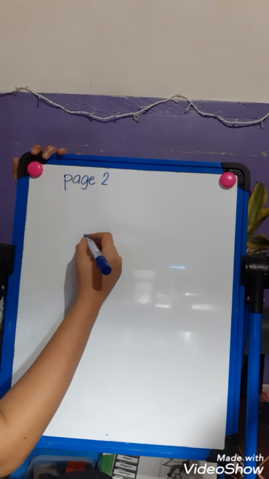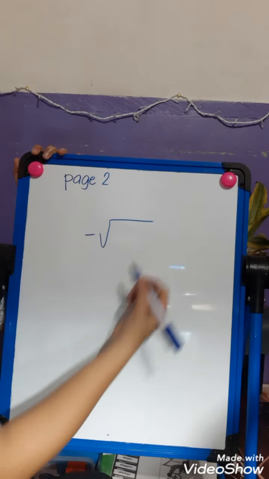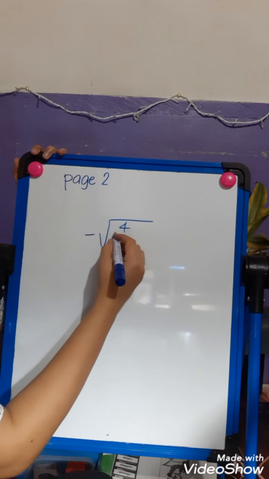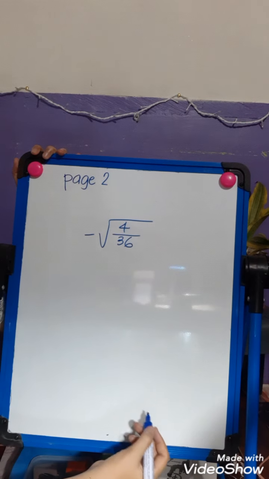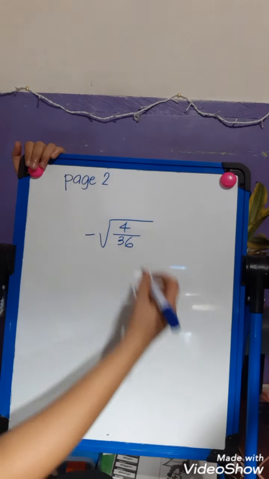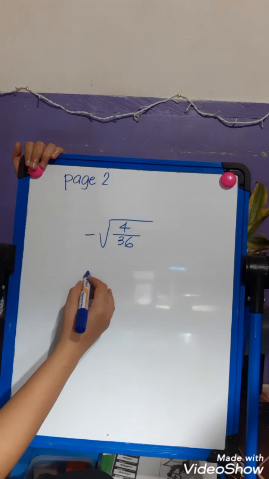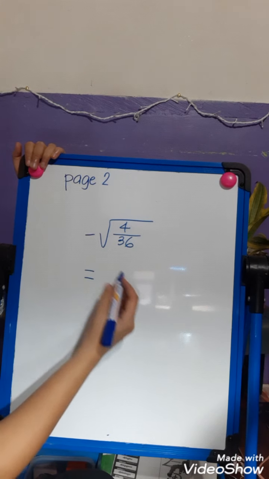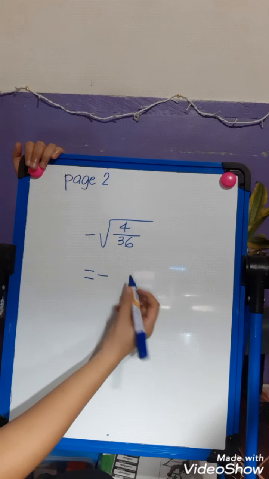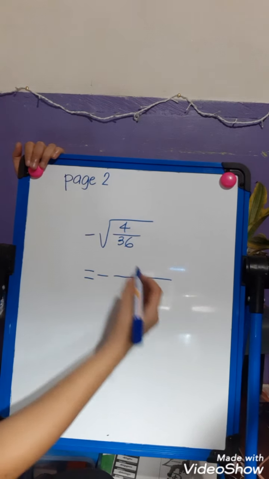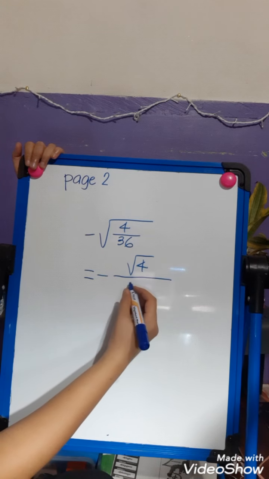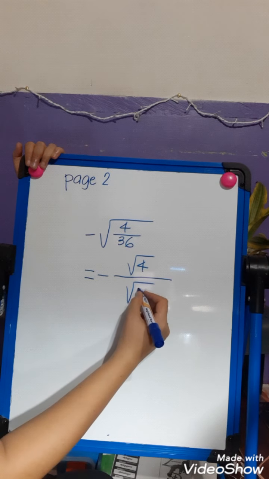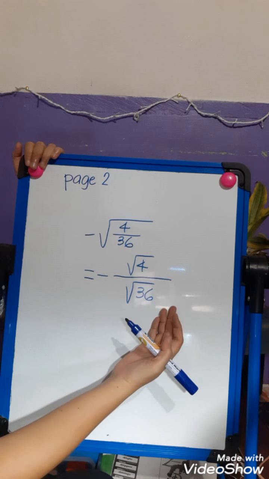The same is true when we have the negative square root of 4 over 36. So standard way of writing, equal sign, then we have the negative and the vinculum. So we have square root of 4 as the numerator, then square root of 36 as the denominator.